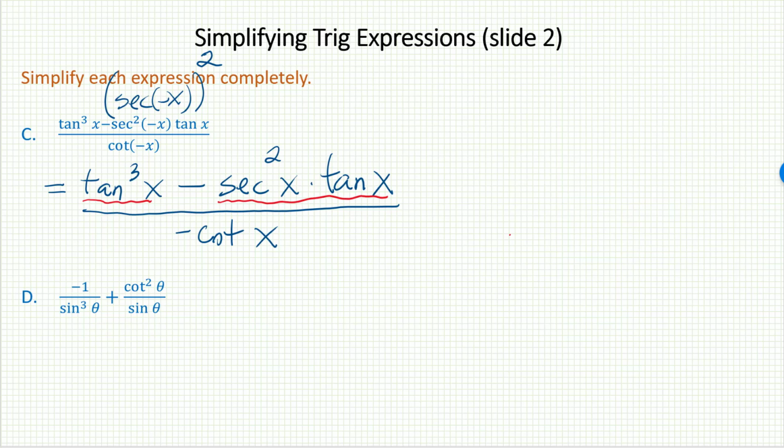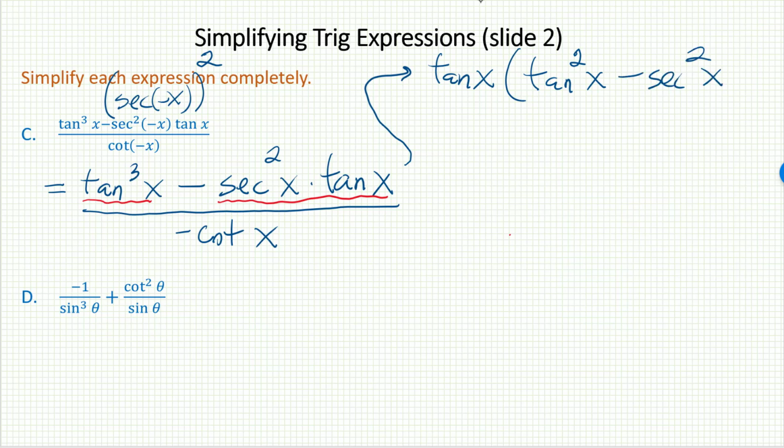I think I'm going to try factoring that tangent x out and seeing if that gets me anywhere. So that gets me tangent x on the outside. There used to be 3 of them sitting here, so now there will just be 2 tangent squared x, and I won't have any in this part, just secant squared x. Again, I haven't touched the denominator in this step.